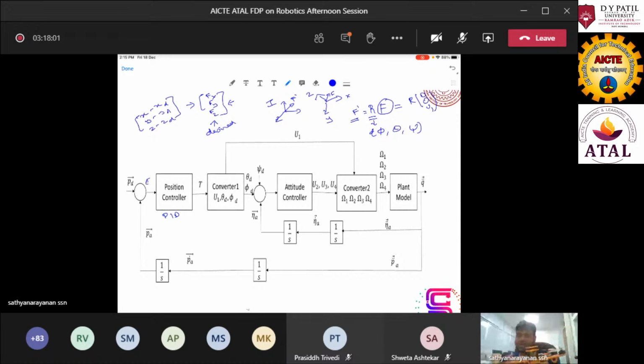So along the x and y axis, the thrust is always 0 with respect to the body. So you will have r 0 0 1.